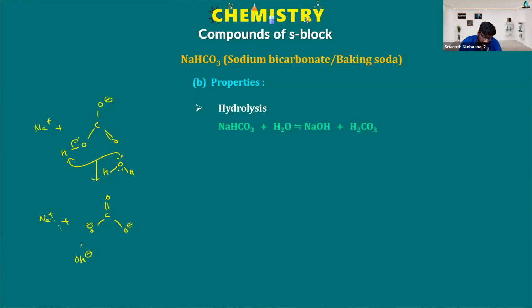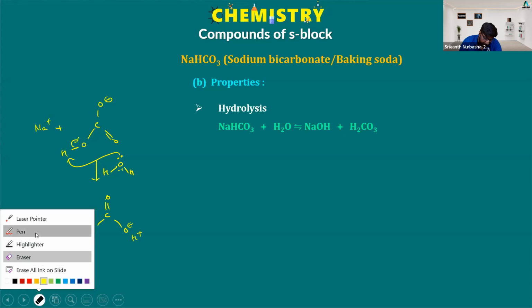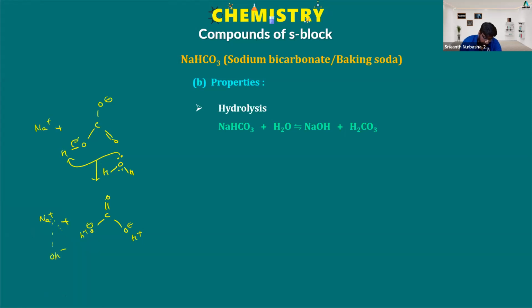Na+ will be reacting with OH− to form NaOH, and two H+ ions will be coordinating here to form H2CO3, where O− will develop electrostatic attraction with H+. Hydrolysis: NaHCO3 upon reacting with water forms NaOH and H2CO3.